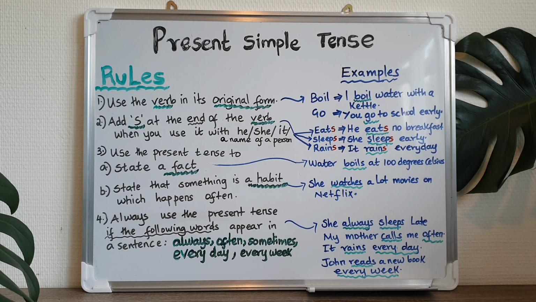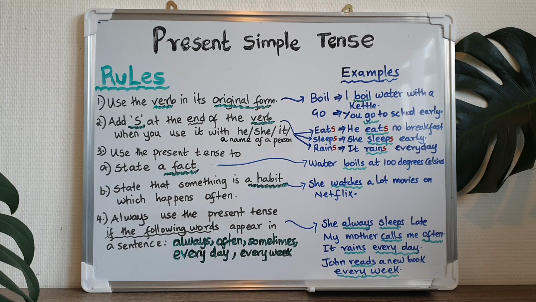So, this brings us to the end of the lesson. Remember, we use the present simple tense to state a fact or to talk about something that you do often, you do every day. And remember the rules. When you have the words always, often, sometimes, every day, and every week in a sentence, use the present tense.